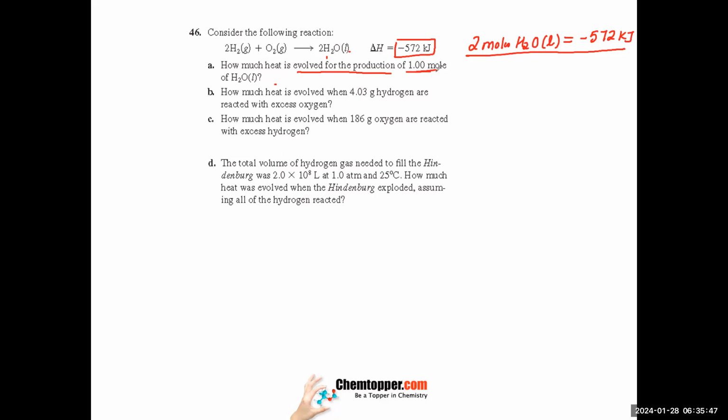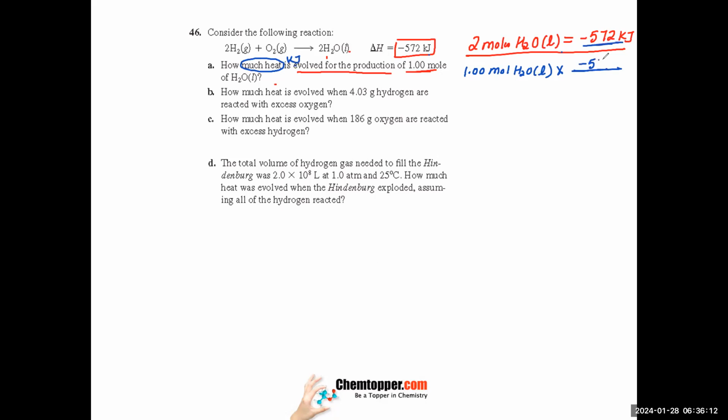So you can start with 1.00 moles of H2O liquid and plug in this ratio, which you know from balanced equation. How to plug in this ratio? What do you want? How much heat? You want kilojoules. Take it in the numerator.